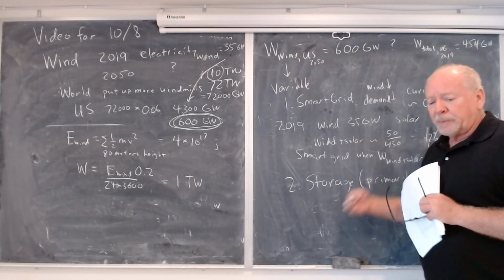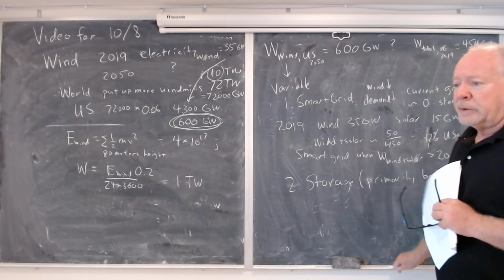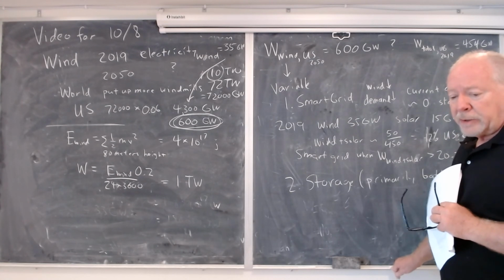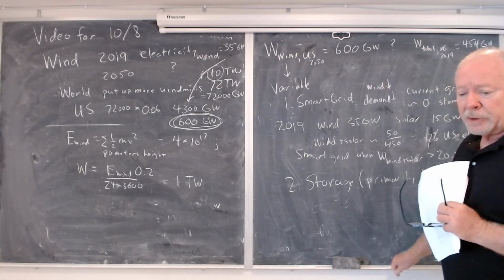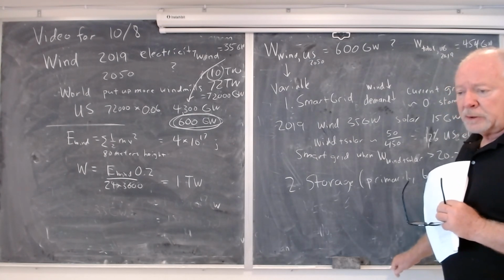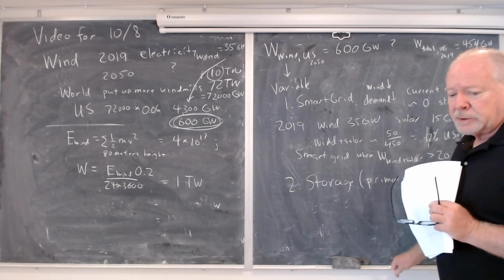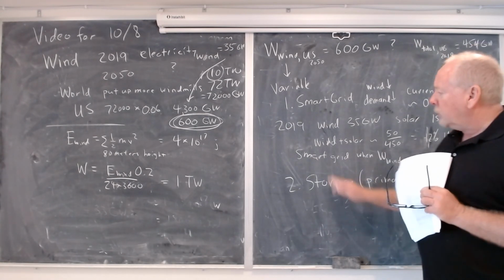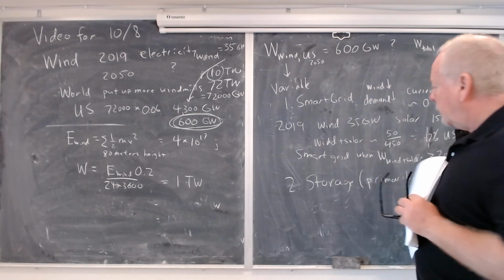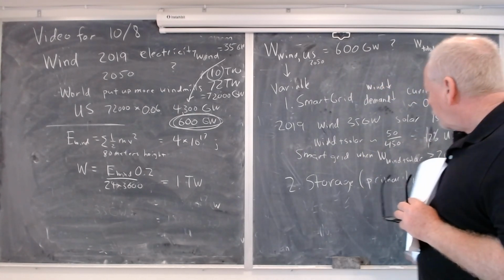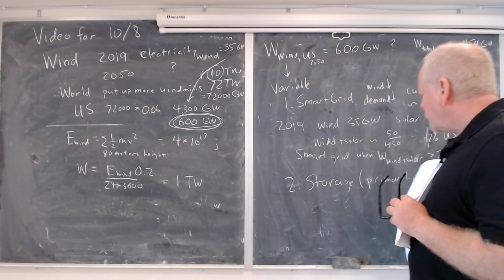Now, there's various proposals for how to do this, and fortunately, battery technology is developing rapidly for vehicles, and the same battery technology can be used to store solar and stuff when the sun's shining and the wind's blowing.